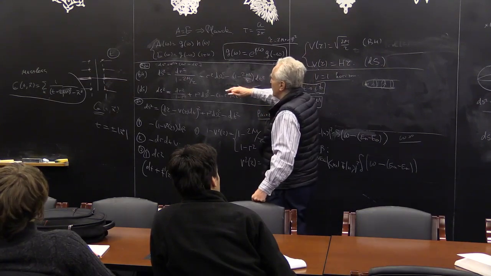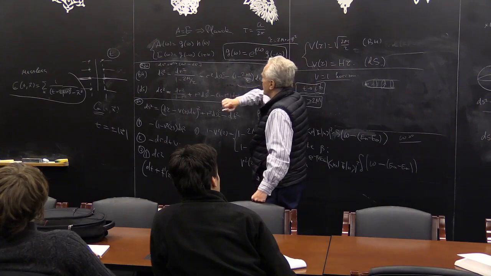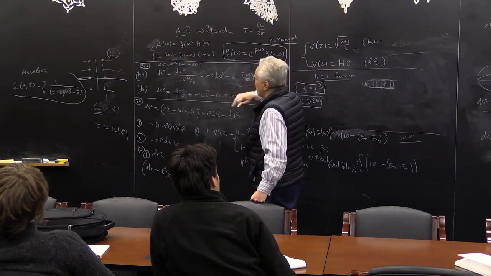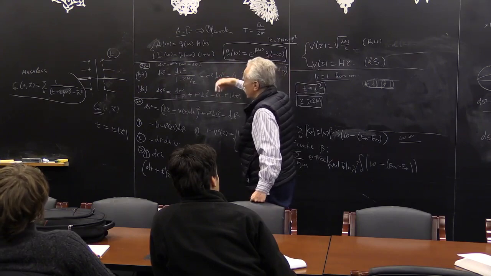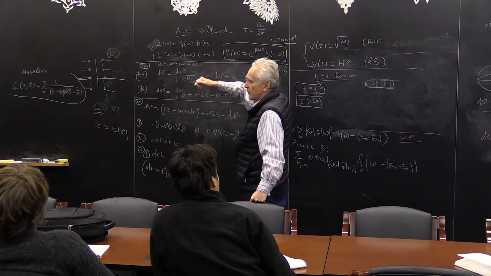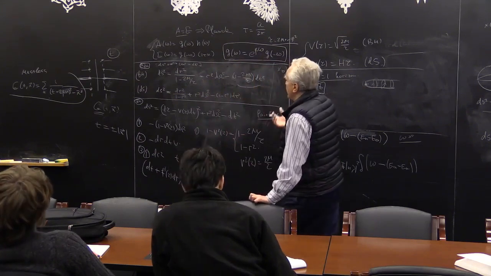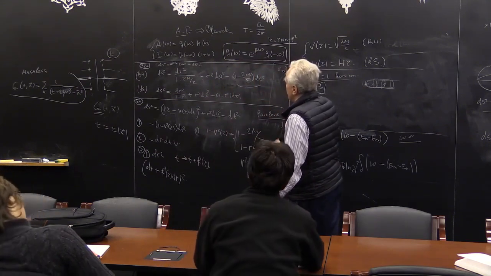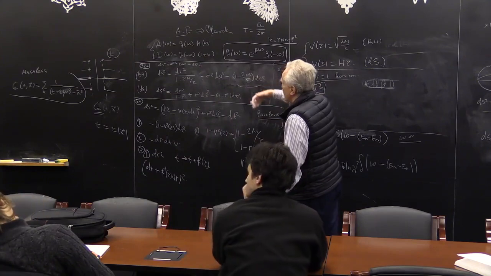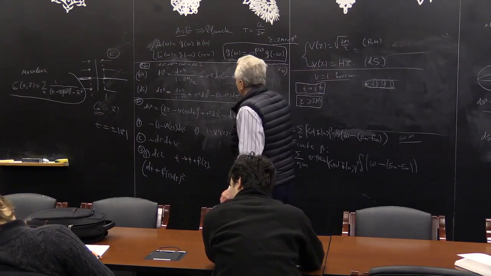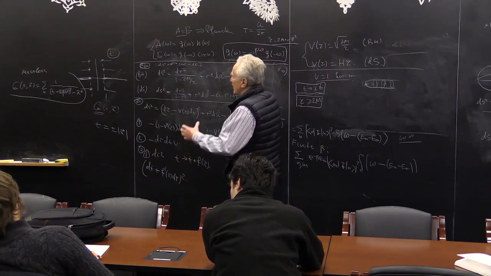Like, for example, you can say, let's take the Kruskal solution, which is the maximally extended black hole, and see what happens inside the horizon, but it's not present.